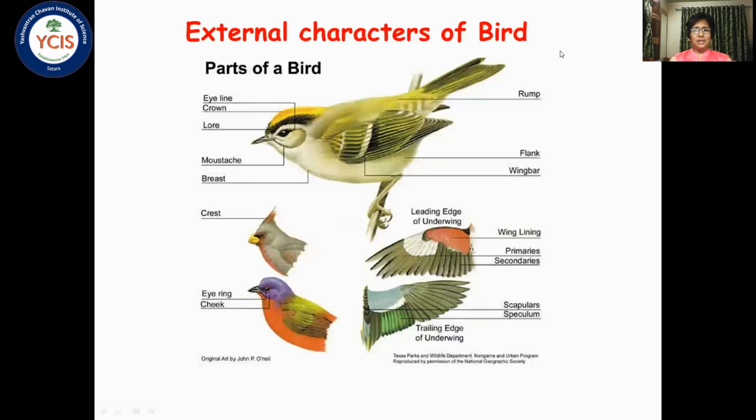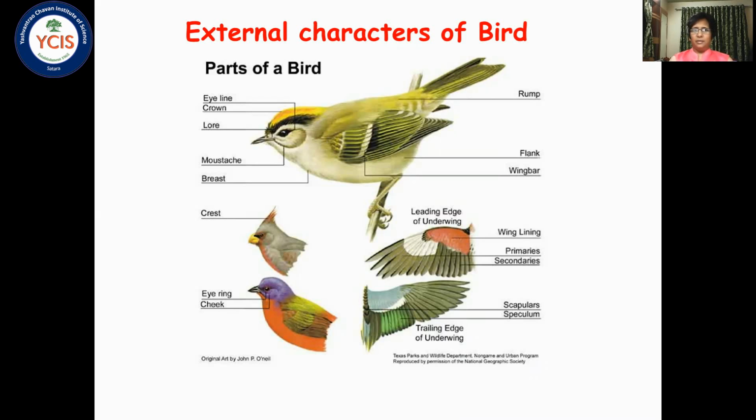Next one is the external characteristics of birds. You can see in that figure the different body parts of the bird, and these birds are bipedal, feathered animals, as we have studied earlier. The body is divisible into head, neck, trunk, and tail.